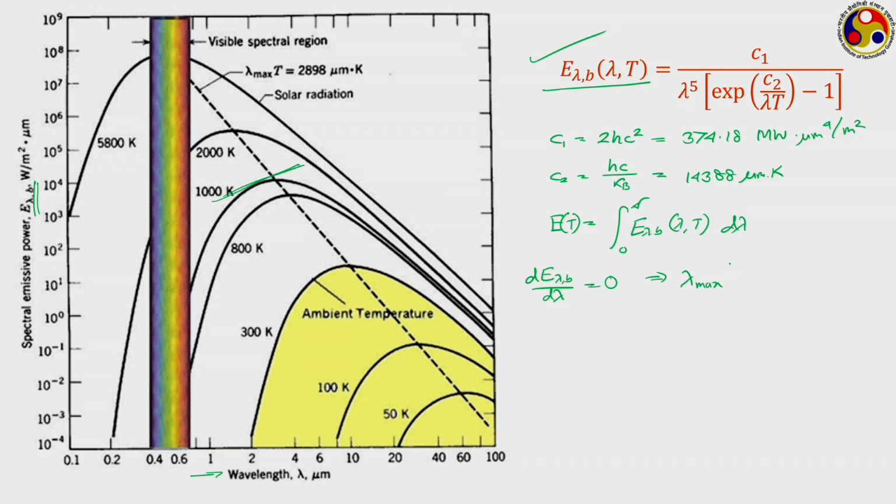The first one is the Planck's relation, whereas what we are writing here is called Wien's displacement law, where for a given temperature, the product of the temperature and the corresponding maximum wavelength at which we get the maximum spectral emissive power is a constant, and the value of this C3 is 2898 micrometer Kelvin. So, this sets up the basis for the temperature measurement using the radiation based devices.